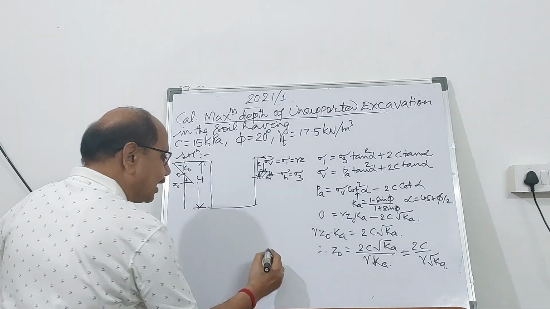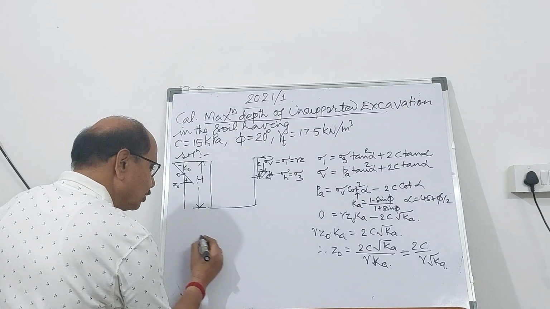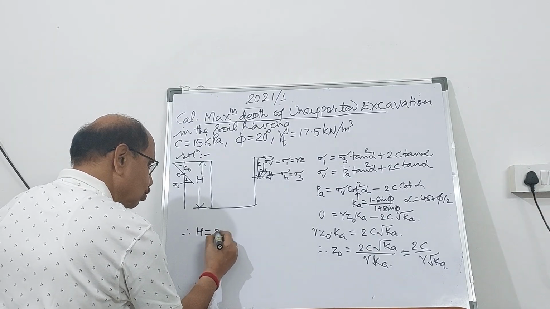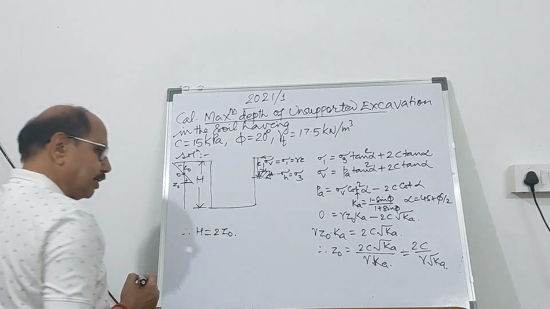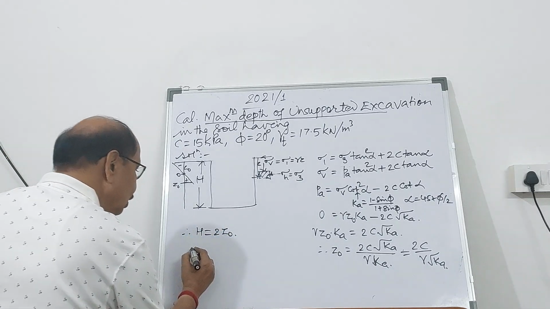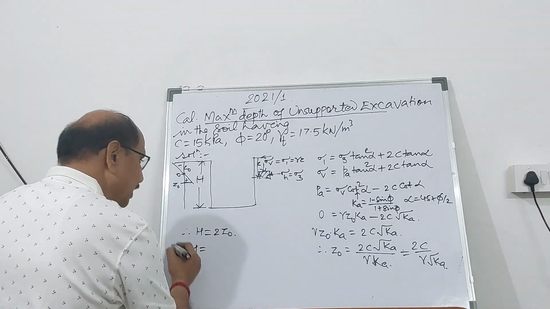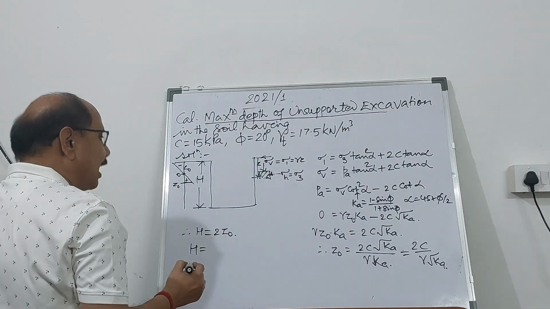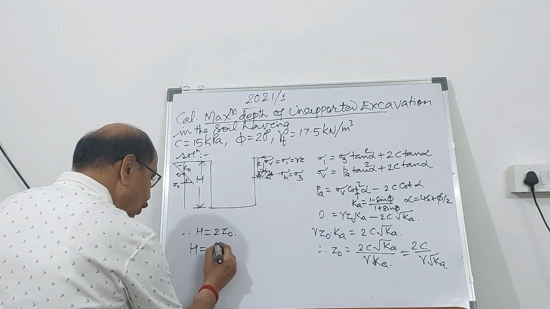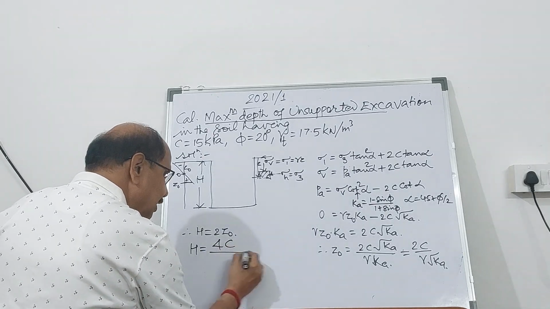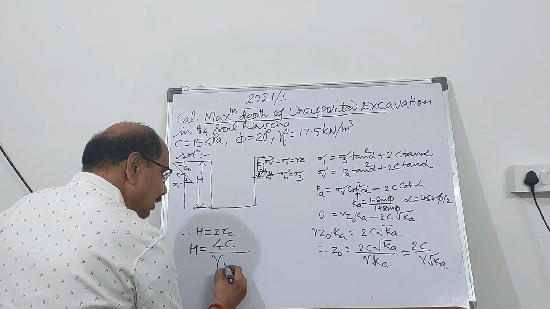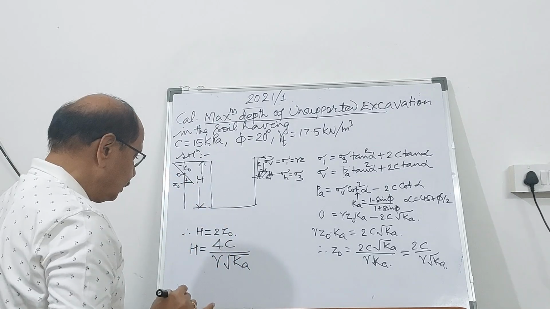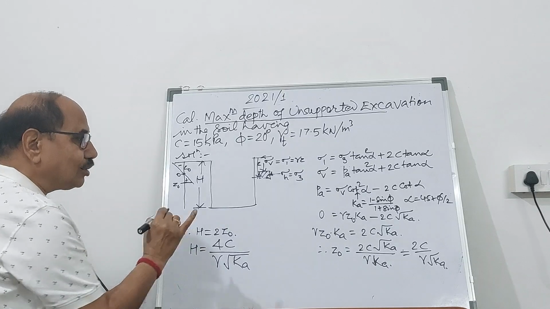So the total critical height H becomes 2 times z0. So the formula for the unsupported excavation in the soil will be 4 times cohesion divided by gamma under root K. So this is the concept, and concept is more important.